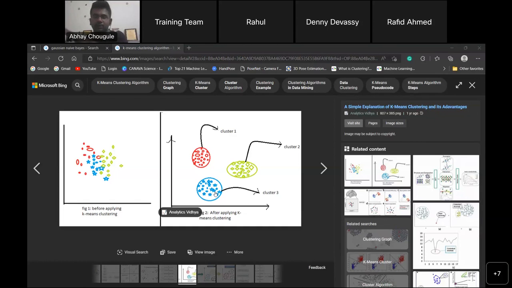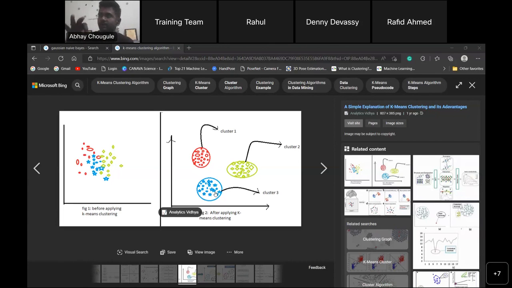Suppose the total is 150 data points, and you told the algorithm to create three clusters. It's not necessary that it comes up with three clusters of the same size.